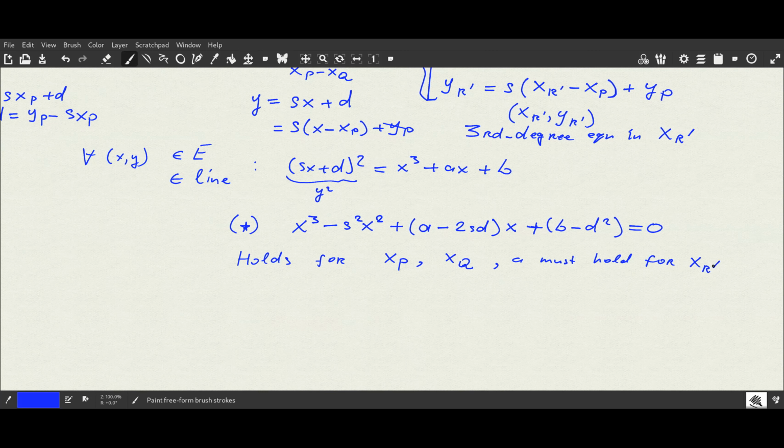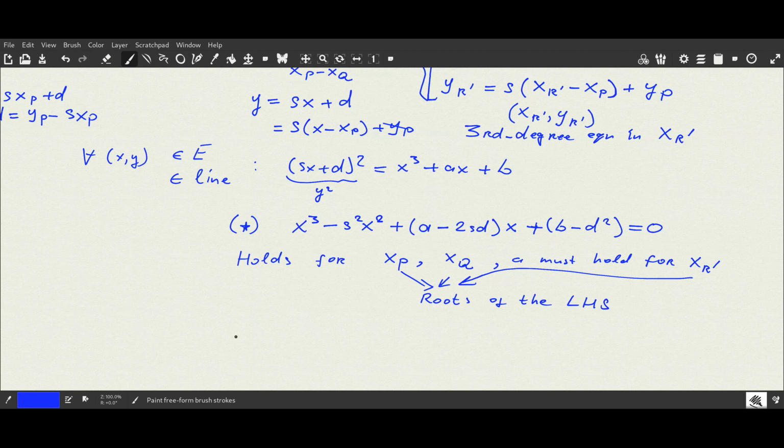Okay, so this means that xp, xq, and xr prime are what? Are roots of the left-hand side. Correct?